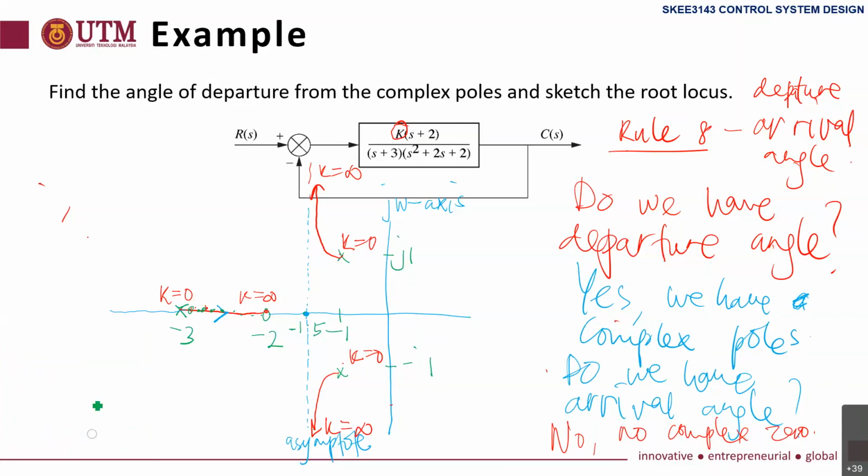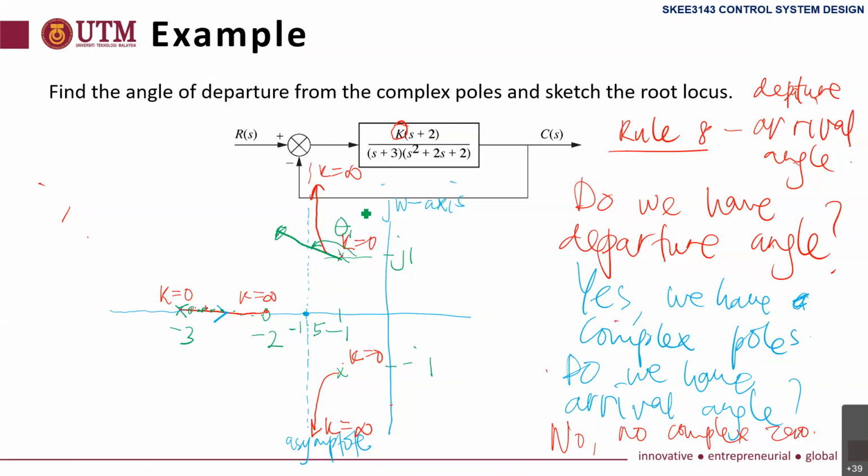The departure angle is this one. Let's say we focus on the pole at positive j. So this is what we meant by departure angle, this angle, theta. I put theta 1.